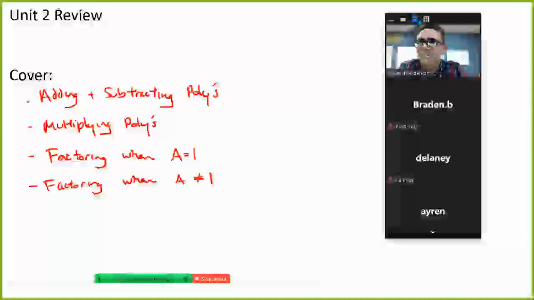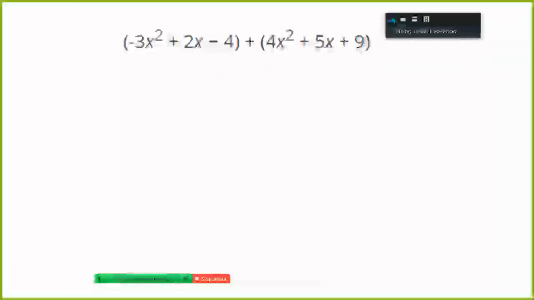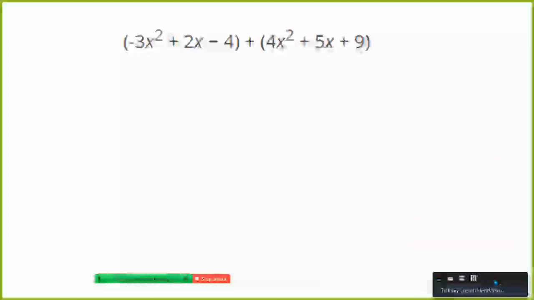Okay, here we go. So question 1. So this is an adding polynomials question. I didn't put a prompt there, but let's say simplify.